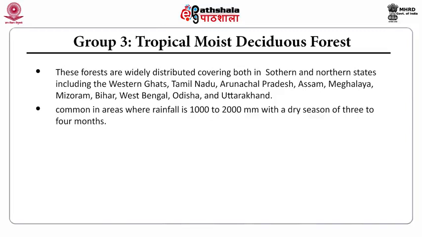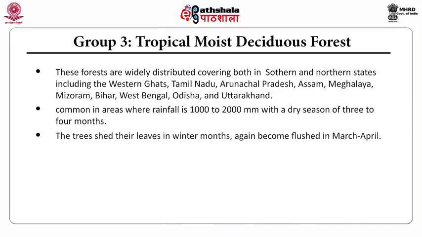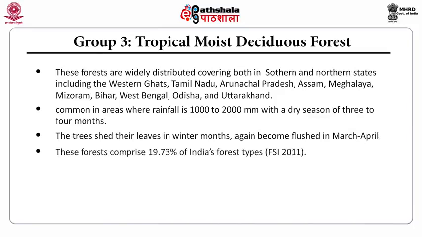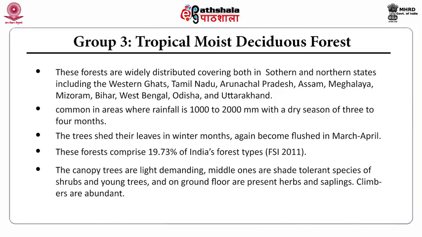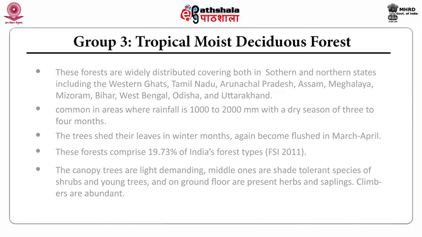They are common in areas where rainfall is 1000 to 2000 millimeter with a dry season of 3 to 4 months. The trees shed their leaves in winter months and become flushed again during March and April. These forests comprise 19.73% of India's forest types according to the FSI report 2011.